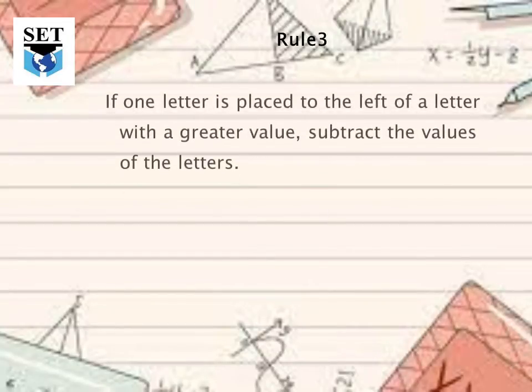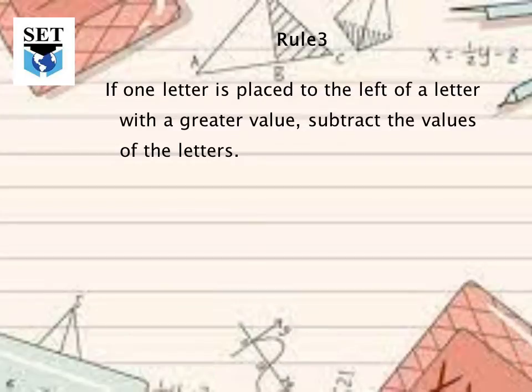Rule 3. If one letter is placed to the left of a letter with a greater value, subtract the values of the letters. For example, IV equals 5 minus 1 equals 4. Here the greater value is V, which stands for 5, and the value of I is 1.